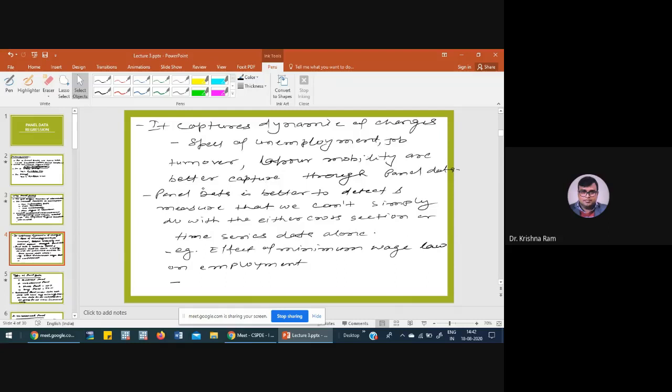You may have heard earlier that NSSO used to do a cross-sectional survey of the employment and unemployment situation till last year, and since 2017-18 NSSO started doing a panel data survey, and that comes in the form of the Periodic Labour Force Survey. That is because panel data is able to capture the dynamics of the employment and unemployment situation.